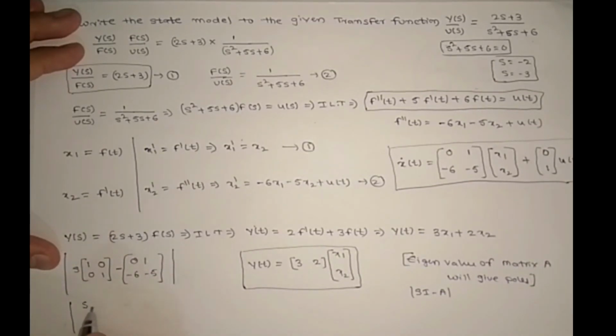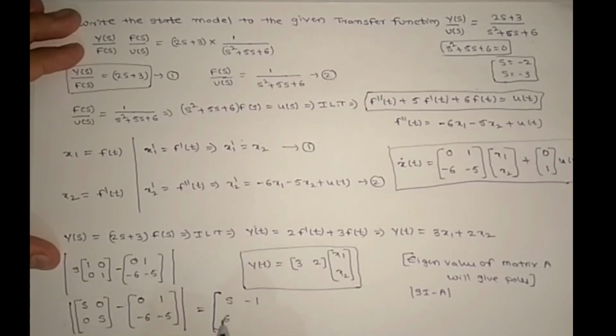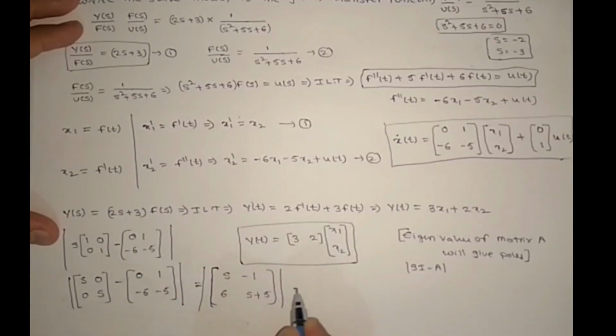So here s 0 0 s minus 0 1 minus 6 minus 5. If you solve this, the matrix is s minus 1, 6 s plus 5, and we need to find the determinant.